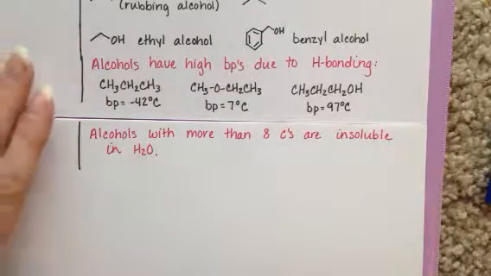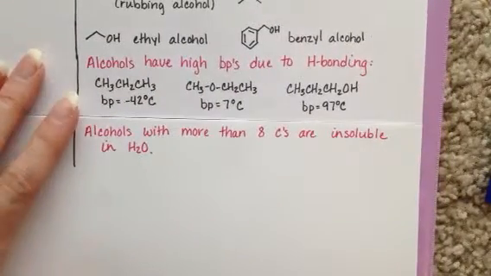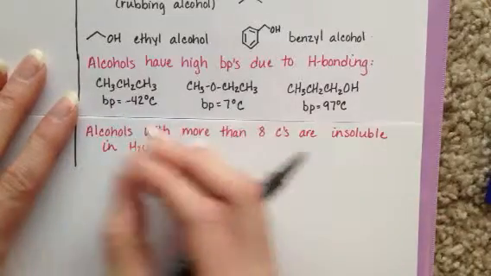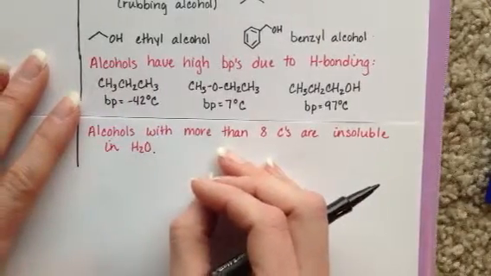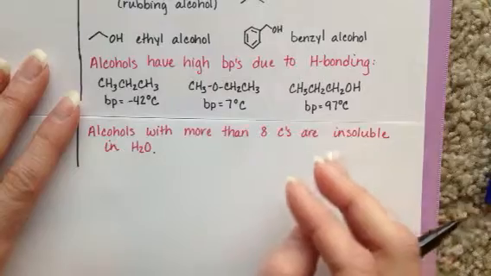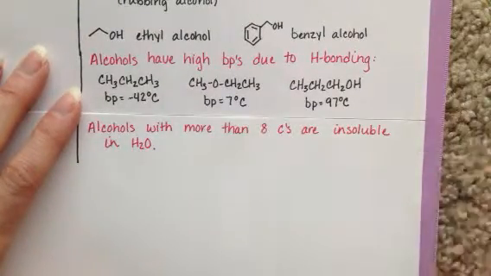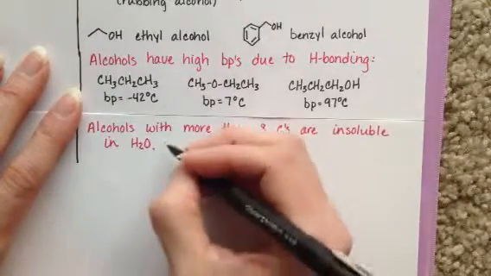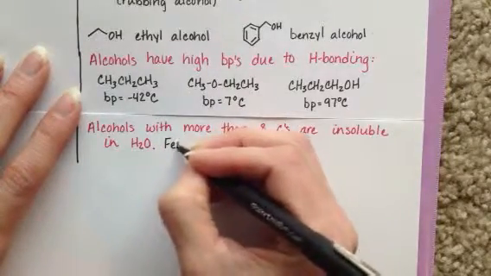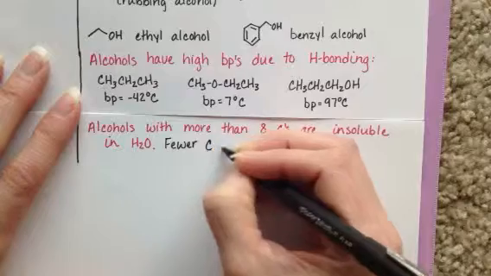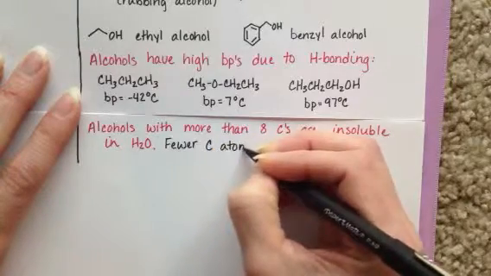It's all greasy and organic and not polar, and the huge greasy nonpolar tail of the alcohol kind of overrides any polarity that you get out of the OH group. So the molecule in general becomes nonpolar. The fewer the carbon atoms you have on an alcohol, the more soluble it is in water.